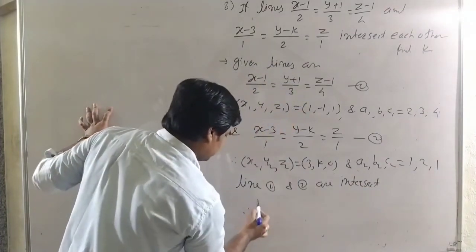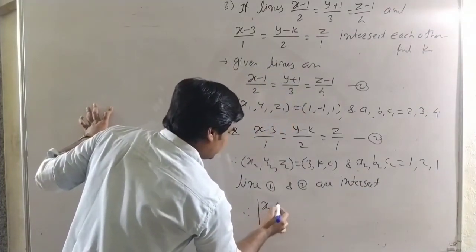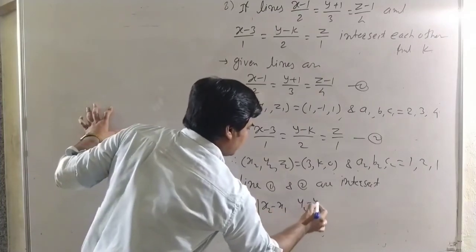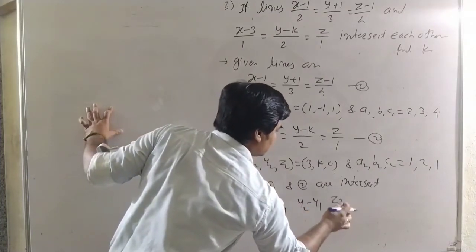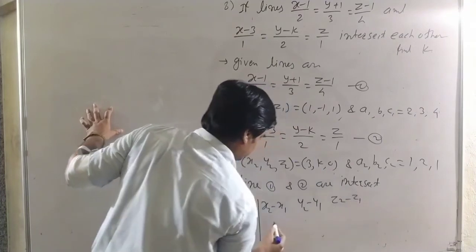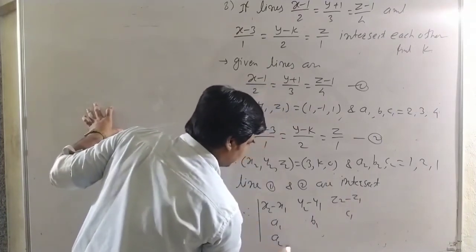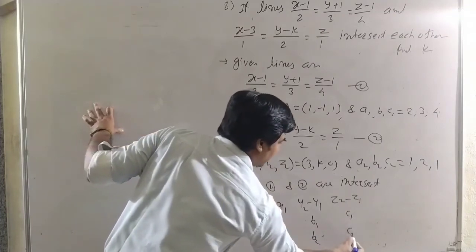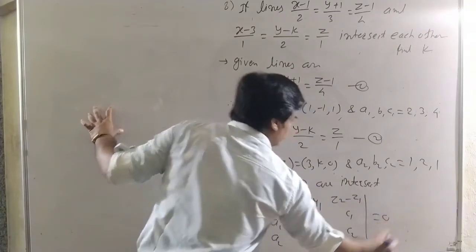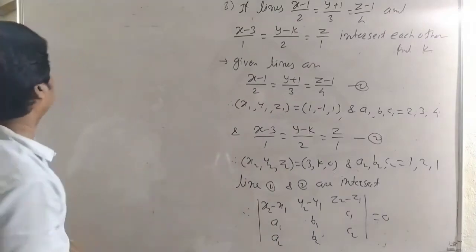Therefore the determinant of x2 minus x1, y2 minus y1, z2 minus z1, a1, b1, c1, a2, b2 and c2 is equal to 0. Now put all the values and solve the determinant.